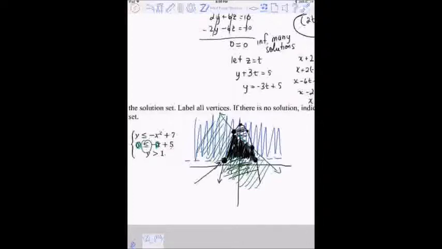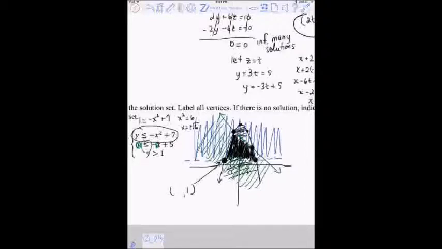So one thing I do know is that y is going to equal 1, because it says right there it's on the graph y equals 1. So if y equals 1, and I use this equation now, 1 equals negative x squared plus 7, that's going to give me x squared equals 6, which is x equals plus or minus the square root of 6.